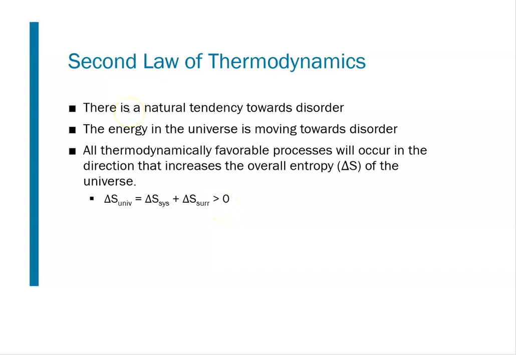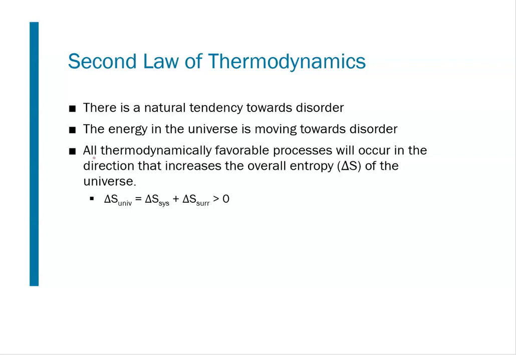The second law of thermodynamics talks about entropy and not energy. So here, the second law of thermodynamics says that there's a natural tendency towards disorder. So the universe is always moving towards a state of greater and greater disorder. And this goes along with the idea that the universe is constantly expanding, because the more you expand, the more room your particles have to move around, and therefore the more disorder there's going to be.